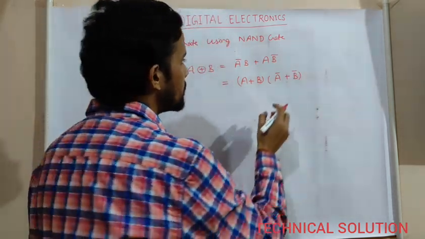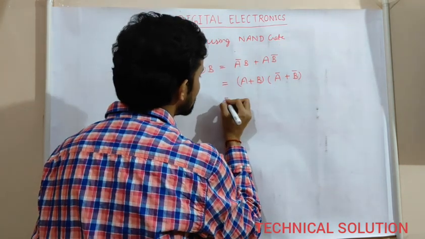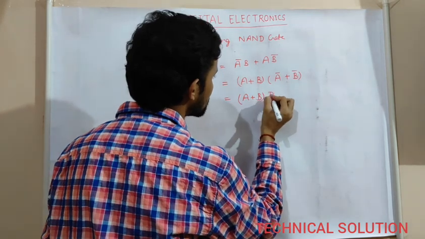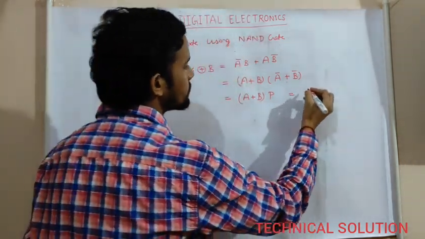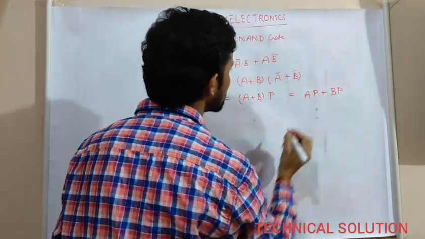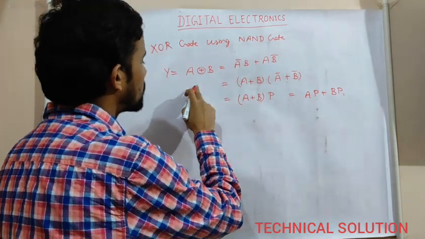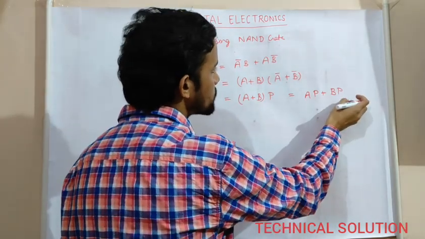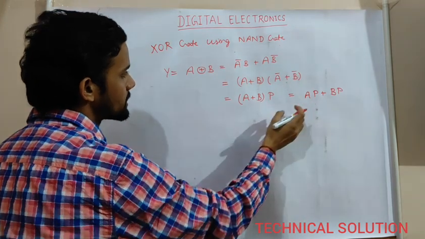If this A bar plus B bar is represented by P, then we get AP plus BP. For realization of the XOR gate, we convert the output equation of A XOR B into this AP plus BP. This is very simple to design using NAND gates.